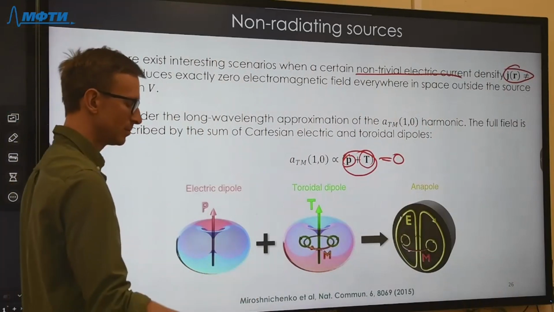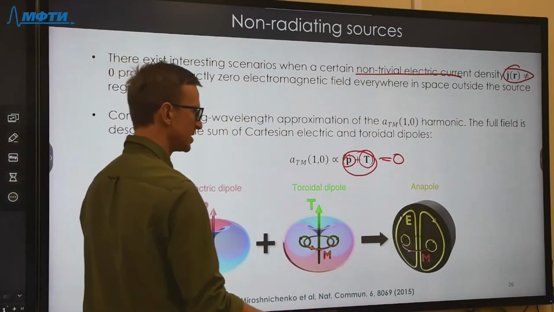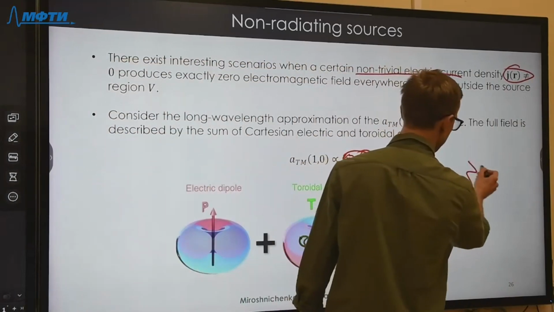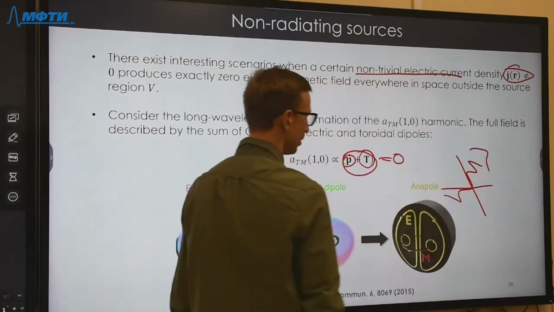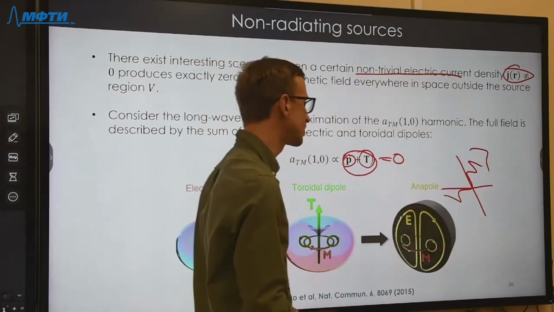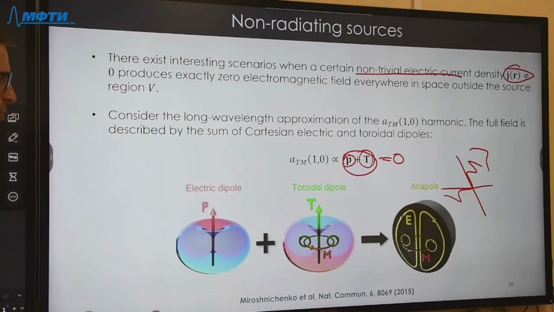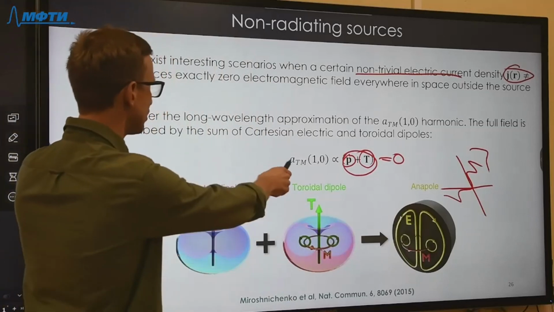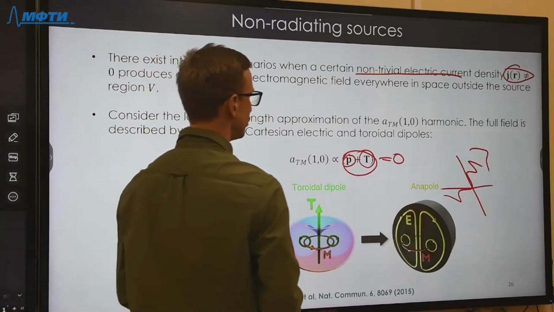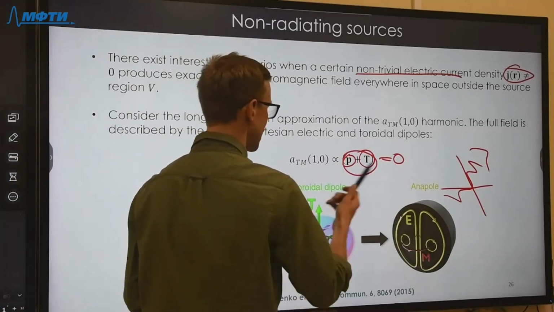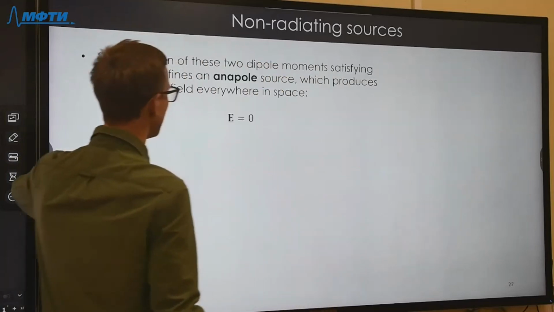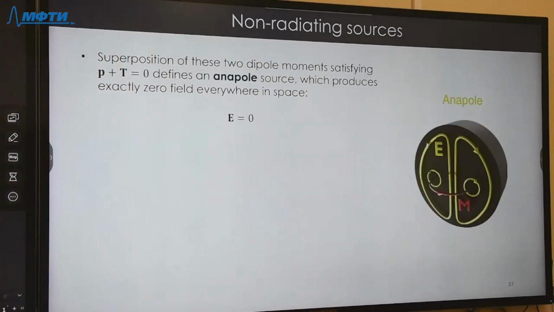Certain non-trivial distribution of current density, which, thanks to the destructive interference, does not produce any field at all outside, but it is characterized by some harmonic, monochromatic, oscillating electric currents contained in a certain region. And this particular example, where the radiation is cancelled because of the interference between electric dipole and toroidal dipole, is referred to in the literature as the unipole source.